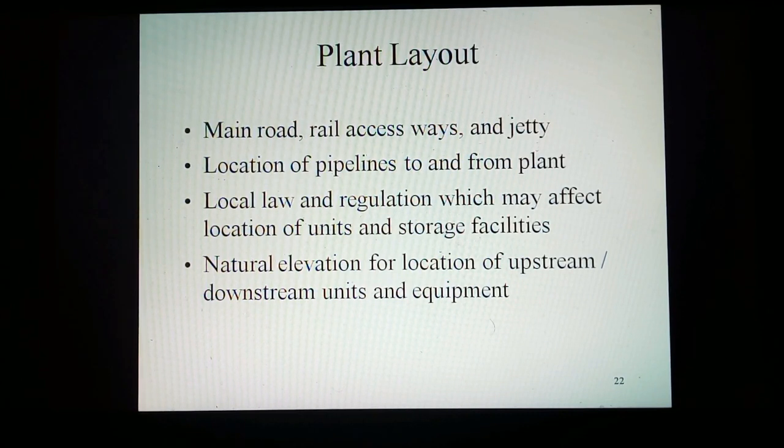These shall be decided on the basis of the following factors: soil characteristics, main road, rail access ways, and jetty, location of pipeline to and from plant, direction of prevailing wind, local law and regulation which may affect the location of units and storage facilities, natural elevation for location of upstream or downstream units and equipment such as feed and product storage tanks, wastewater plant, oil and water separator, etc.